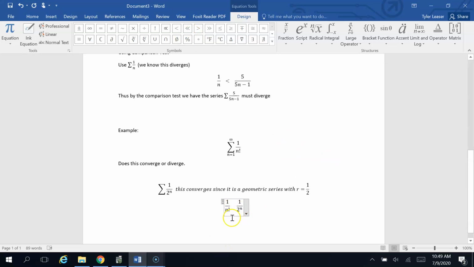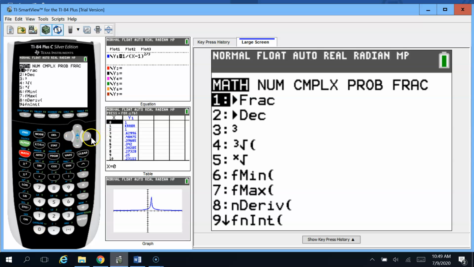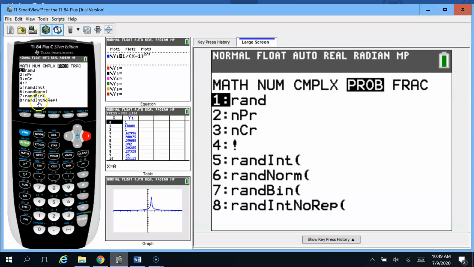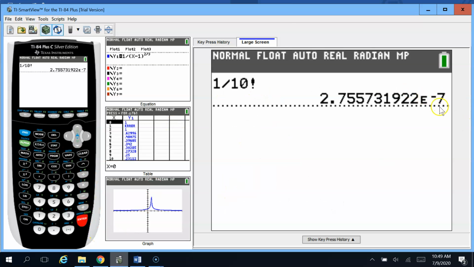So again, just plug in big values of n. You can do factorials in the calculator, so let me pull up the calculator real quick. We can't go too big because the calculator freaks out. Let's just do n to be maybe 10. So 1 over 10 factorial: we're going to do 1 over 10, and then to get the factorial, you go to math, arrow over to probability, and then option 4. 1 over 10 factorial is a super tiny number.